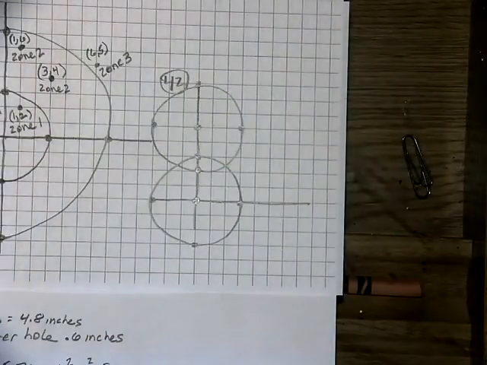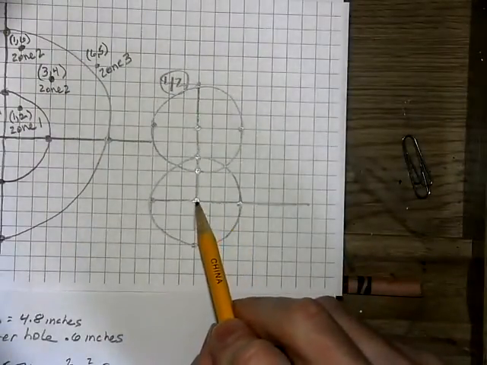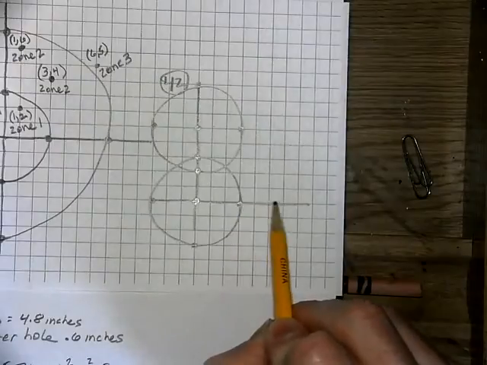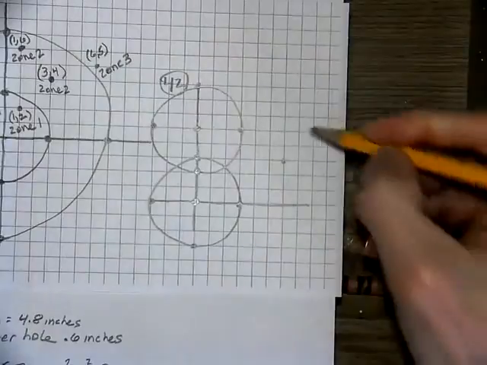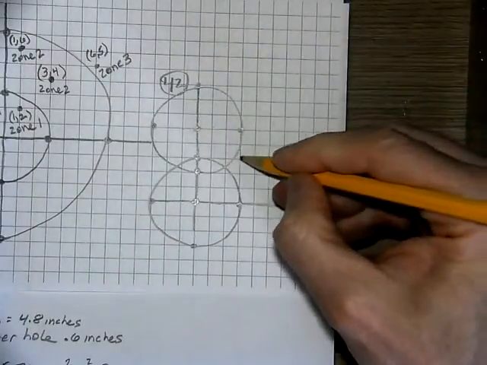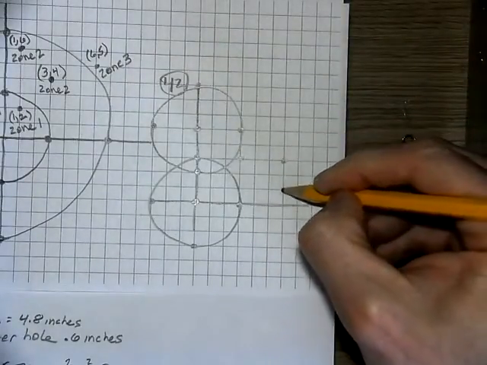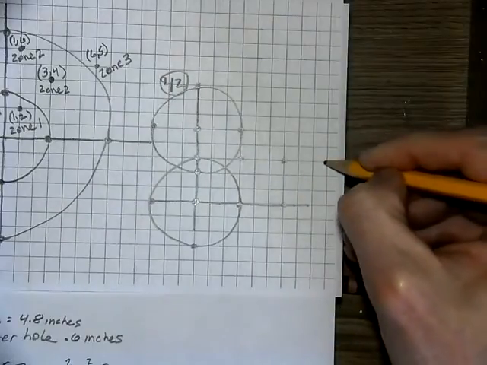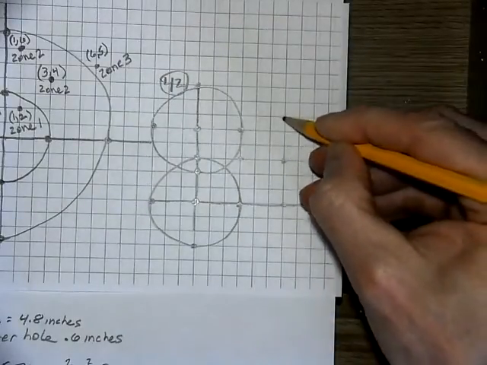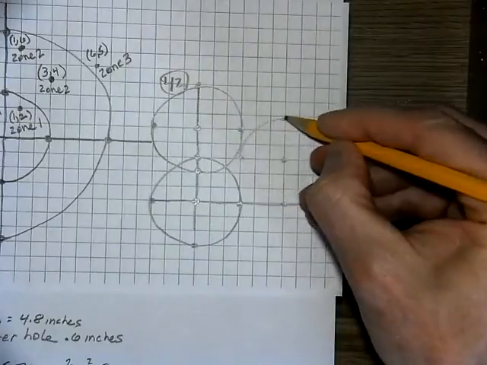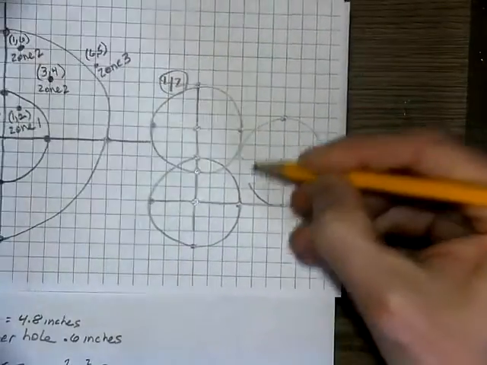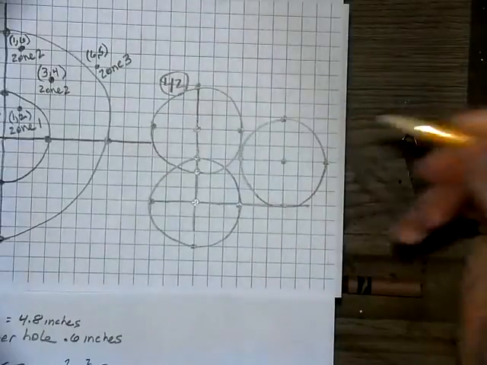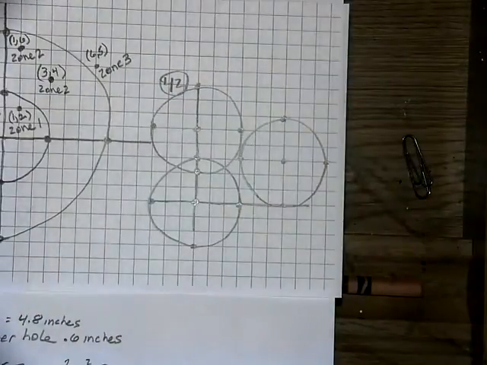And then our last cell phone tower is at 6, 3, and it has a radius of 3. So those are our towers.